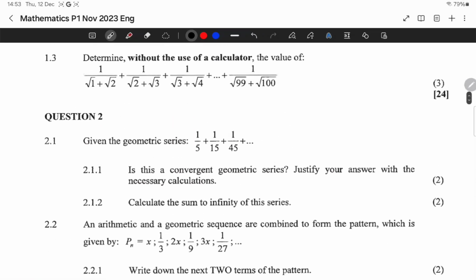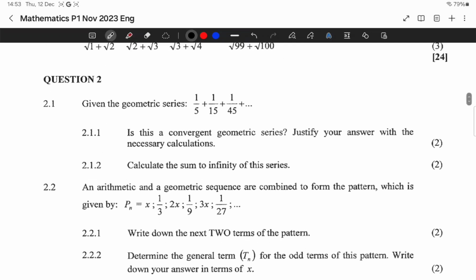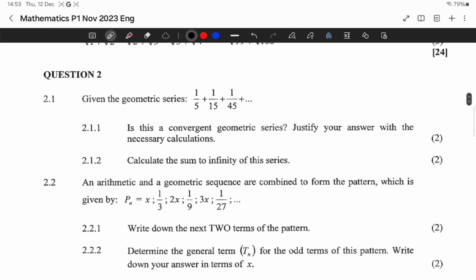So we go back here and look at our series and look for the common ratio. Just by inspection, we can see that the common ratio here is going to be 1 over 3, because 5 times 3 is 15, 15 times 3 is 45.